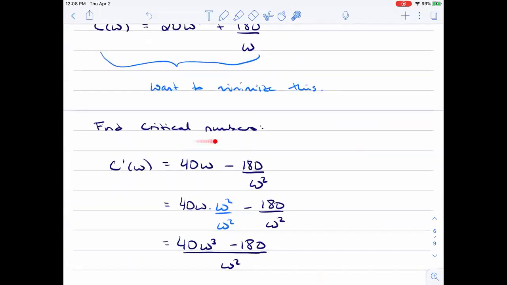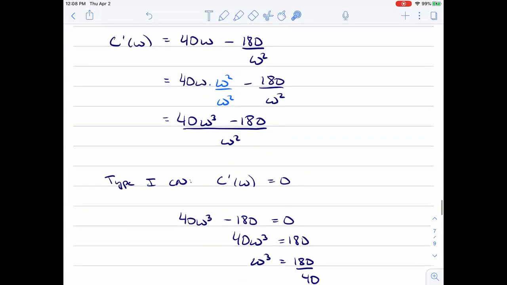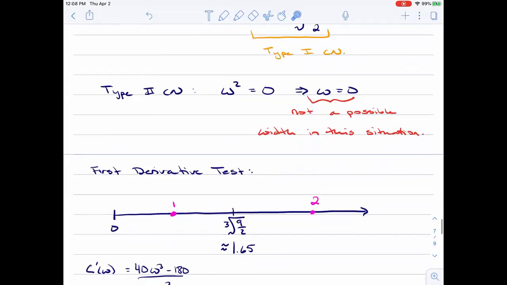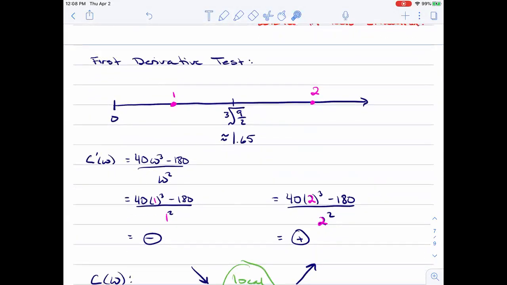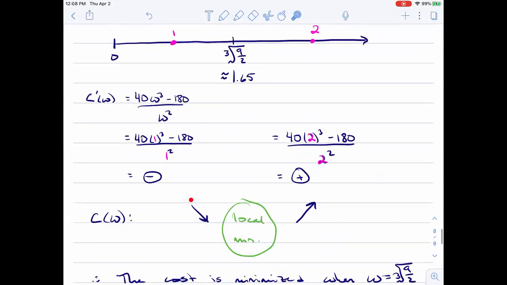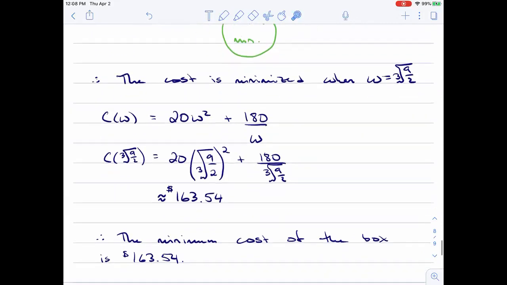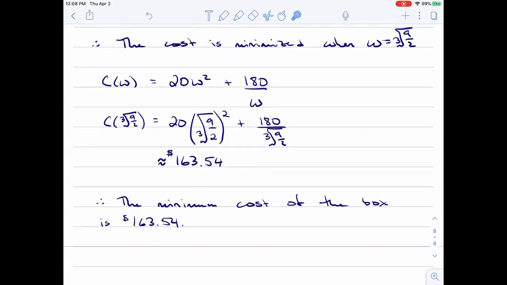Then you find your critical numbers and use your first derivative test to figure out where this function is increasing or decreasing, and then evaluate the original function to figure out what the max or the min is.